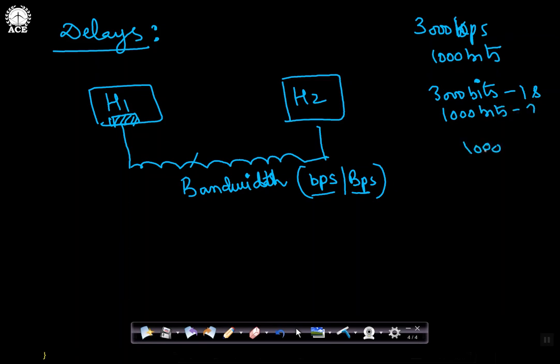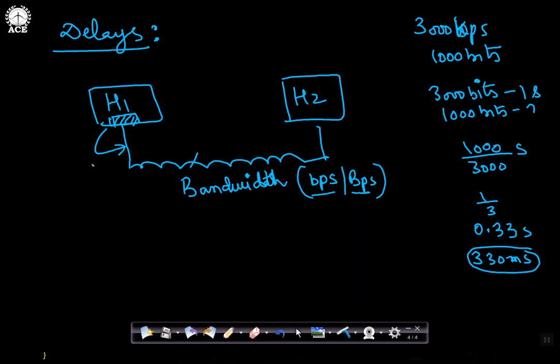So 1000 divided by 3000 seconds. It is 1 by 3. You can take like 0.33 seconds. Multiplied by 1000 will be 330 milliseconds. Correct? This is called transmission time.